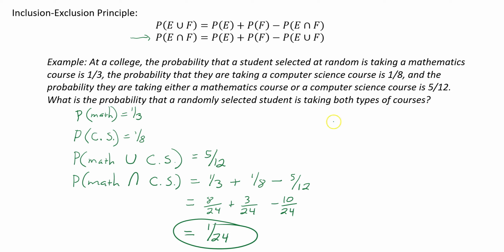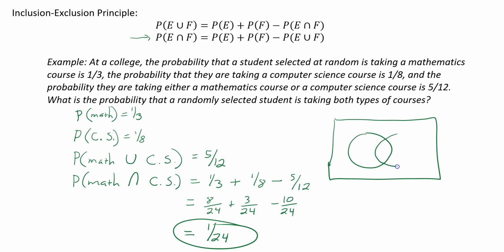I'd like to also mention that a Venn diagram would have been applicable in this situation. We would have had math and computer science. Now everything inside of the circle for math would need to add to 1/3. So I can't just write 1/3 in there. One thing I can write is 1/24 at the intersection of math and computer science.